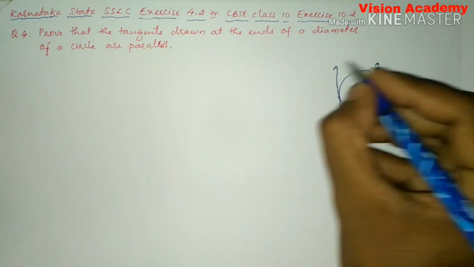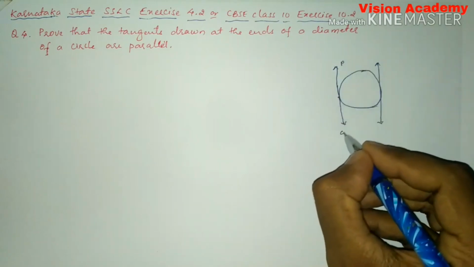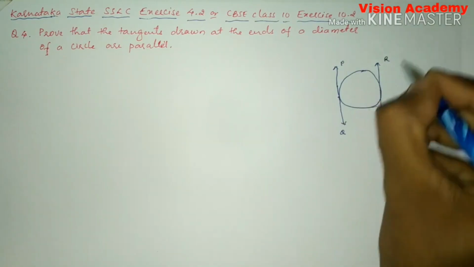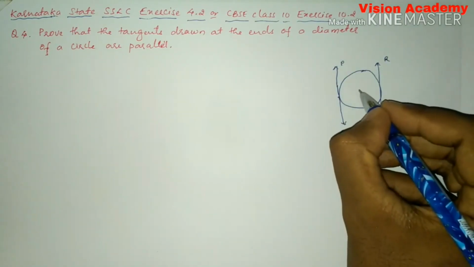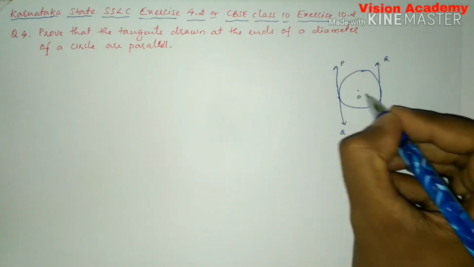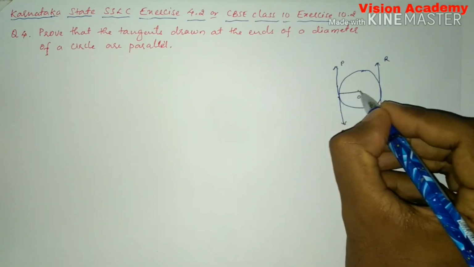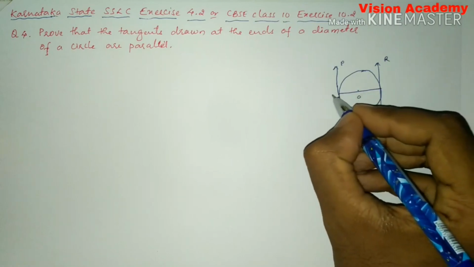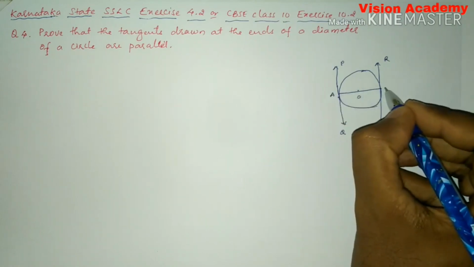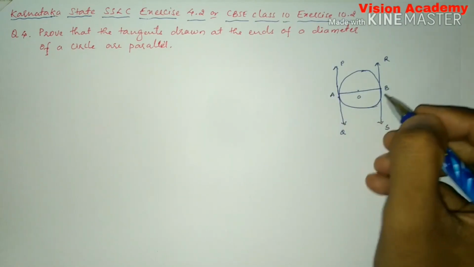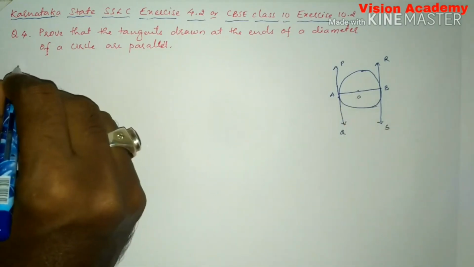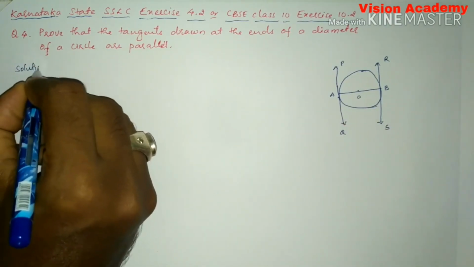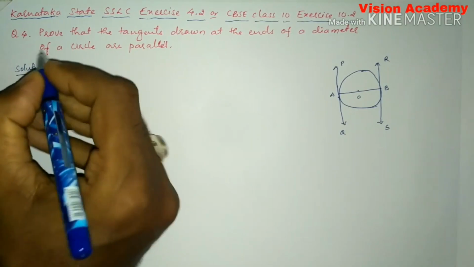Let us name them as PQ and RS, and O is the center of the circle and the points of contact of these tangents are A and B.